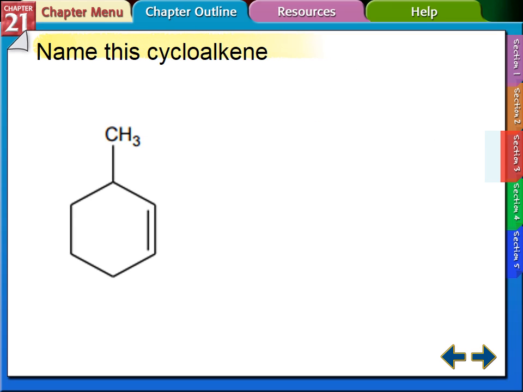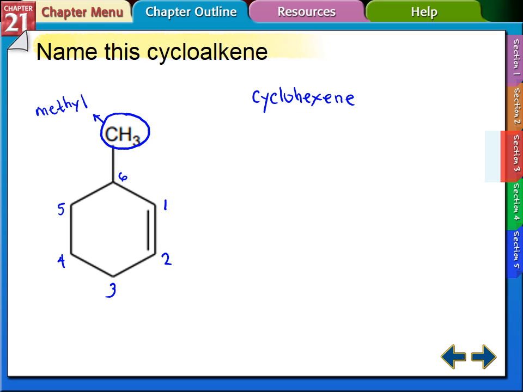Name this cycloalkene. So this cycloalkene is composed of 1, 2, 3, 4, 5, 6 carbons. So we will have a cyclohexene. Now on this cyclohexene, we have a substituent attached to one of the carbons, and this alkyl group is called a methyl.